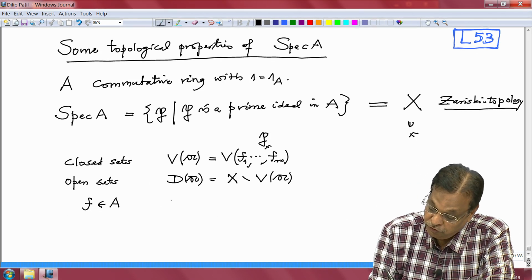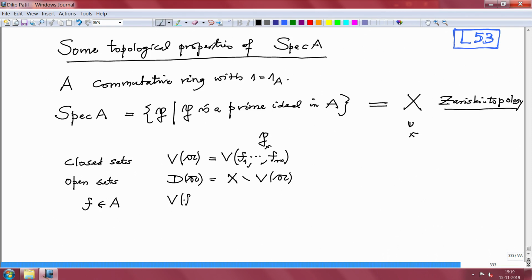So, V(f) is by definition all those prime ideals P in Spec A such that f belongs to P, but this is the same as P_x, our notation.